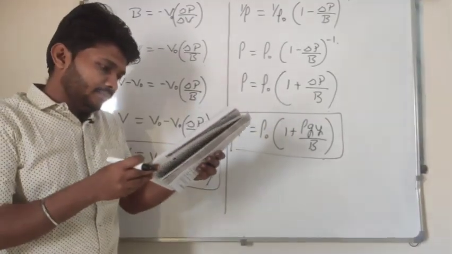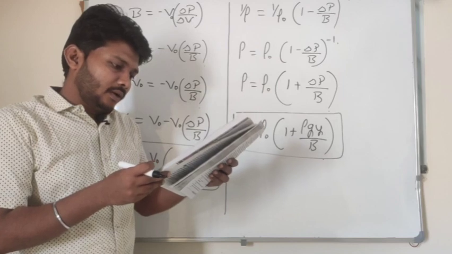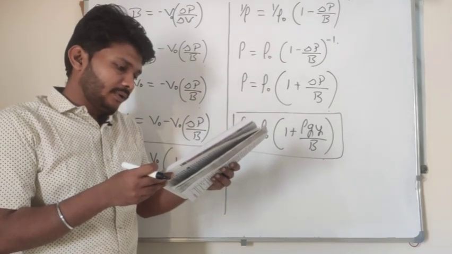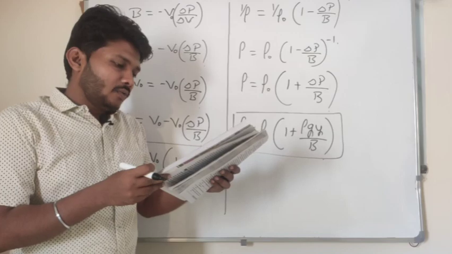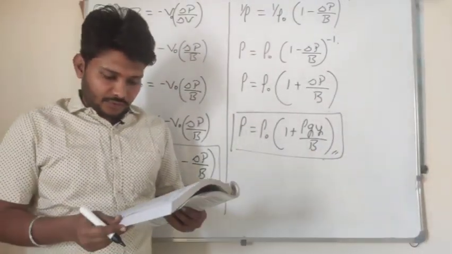So in that option, I think option 2: rho equals rho naught times 1 plus rho naught g y divided by B. This is the required answer for the fourth question.